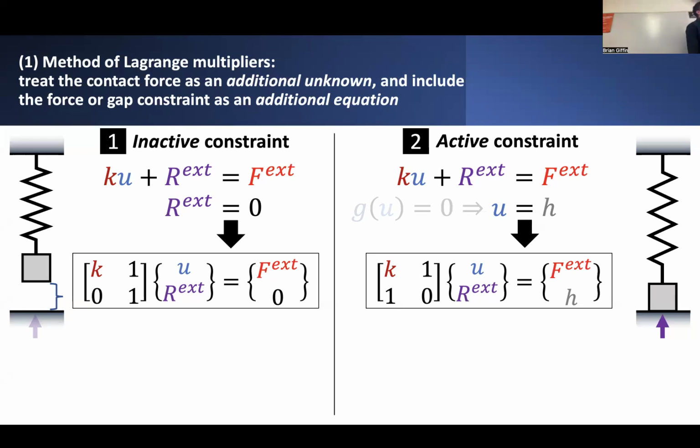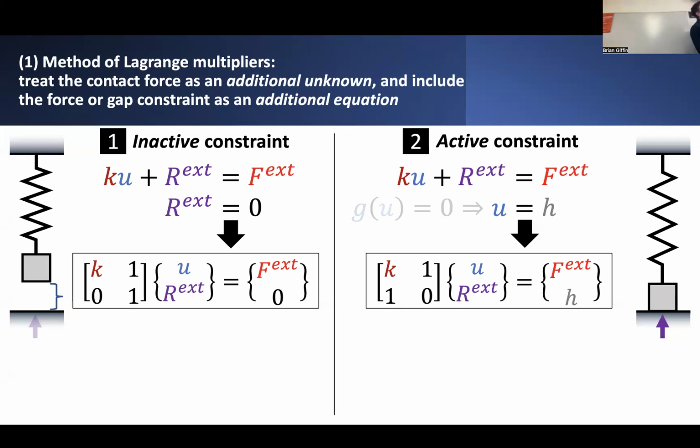and then we have to come after the fact and verify: do we still satisfy our constraints, either on the reaction force needing to be strictly compressive, or on the gap needing to be strictly positive? So those conditions have to be checked basically a posteriori.